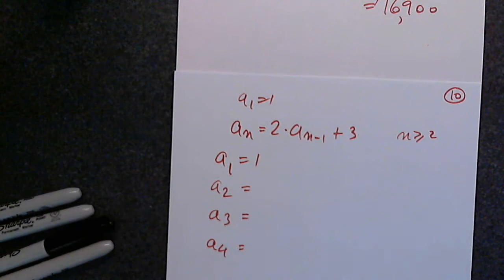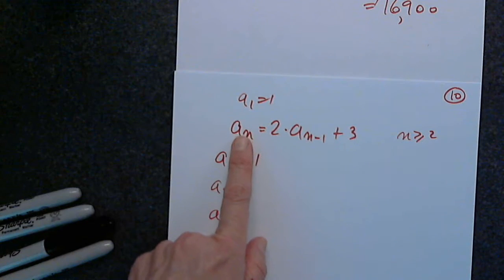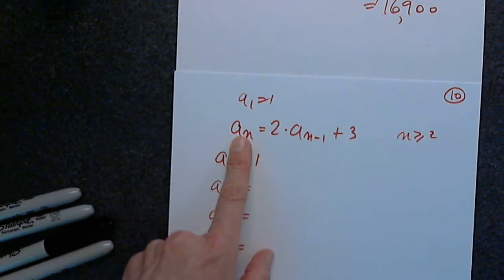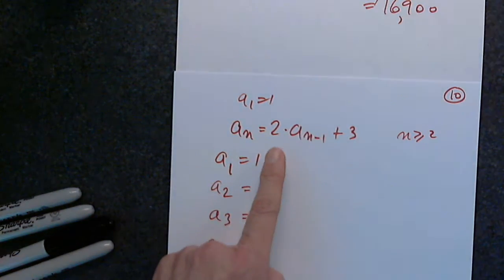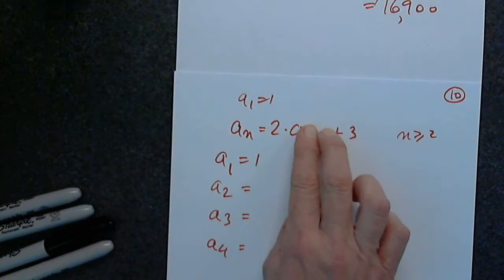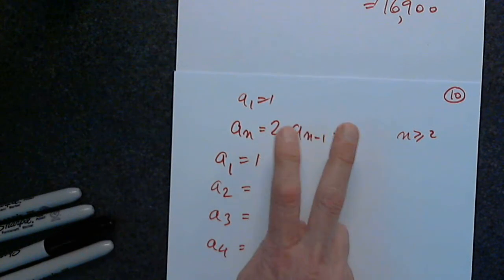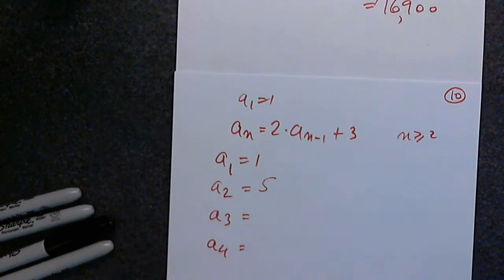So now what does the formula tell us? It says that any term of the sequence will be obtained by multiplying the previous term by 2 and adding 3 to it. So the first term is given to us, so this is 1. 2 times 1 is 2 plus 3 is 5, so that will be a2.